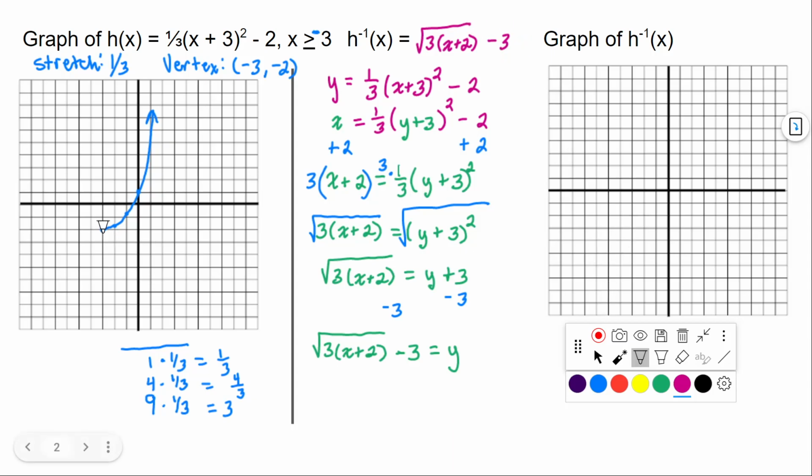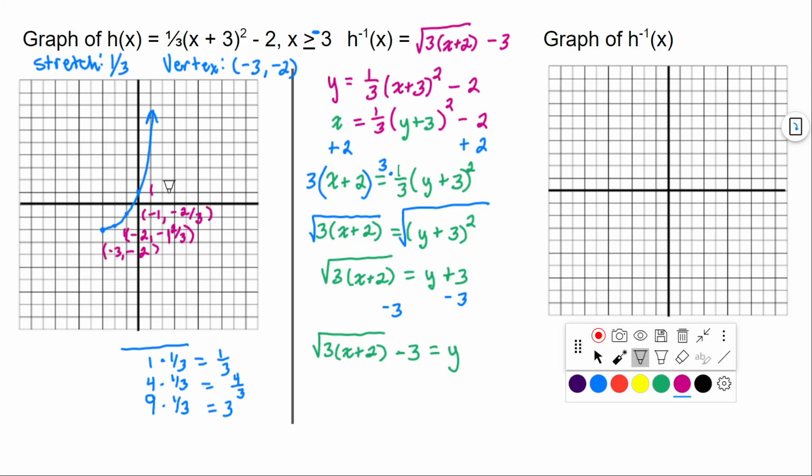To help me graph it, I'm going to take the original function, which had its vertex at -3, -2. The next point was -2, -1 2/3. Then we were at -1, -2/3.